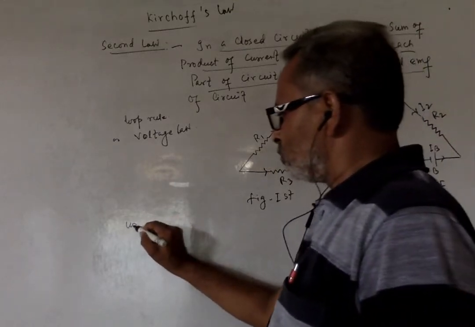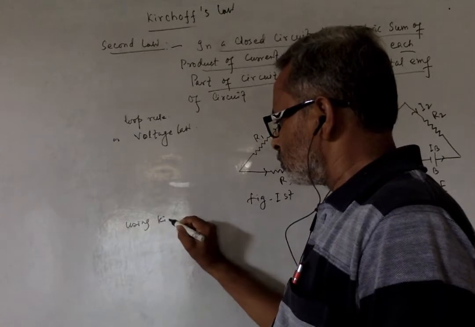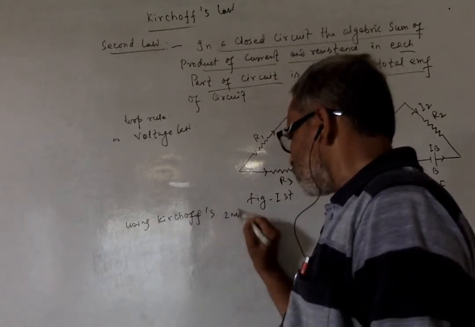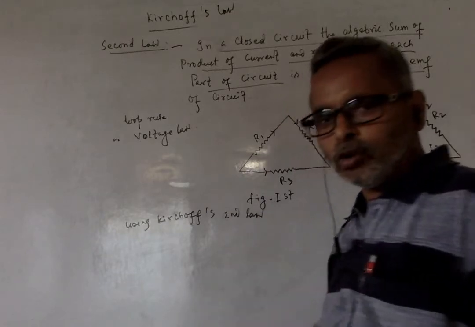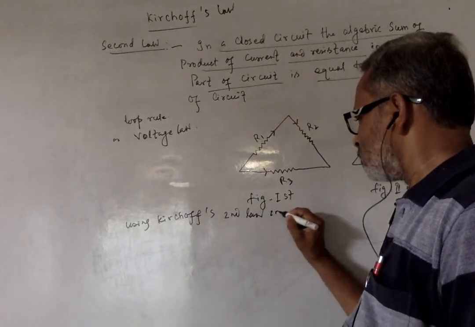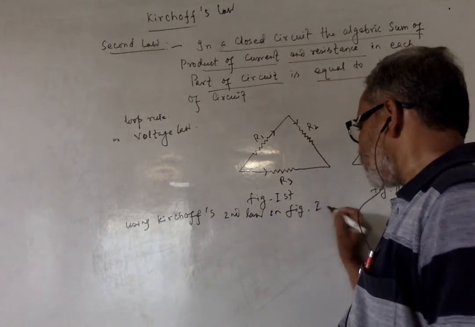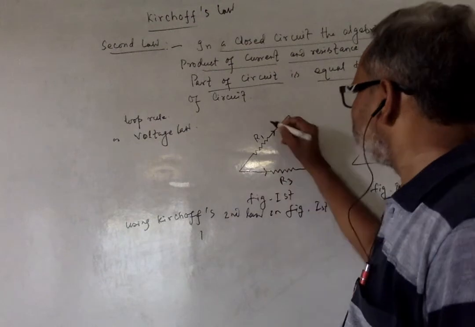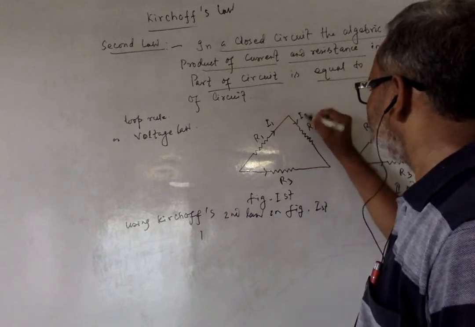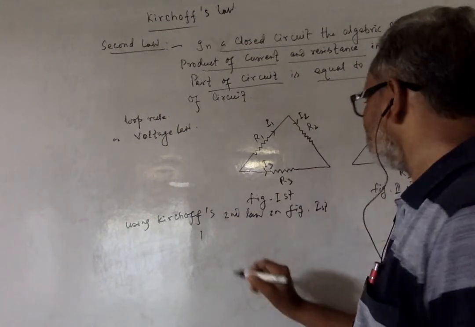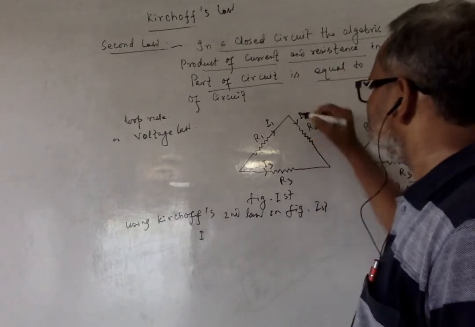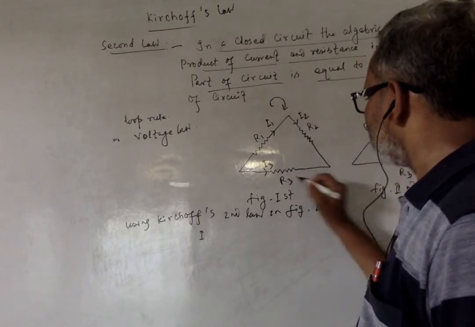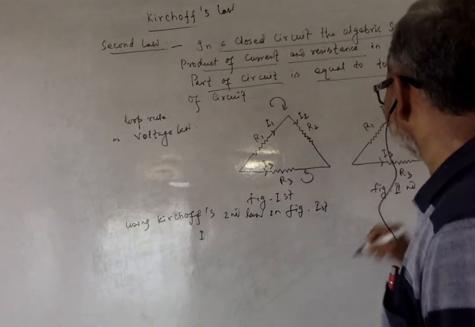Using Kirchhoff's second law in figure first, with currents I1, I2, I3: these two currents are in the clockwise direction, and the third one is in the anti-clockwise direction.